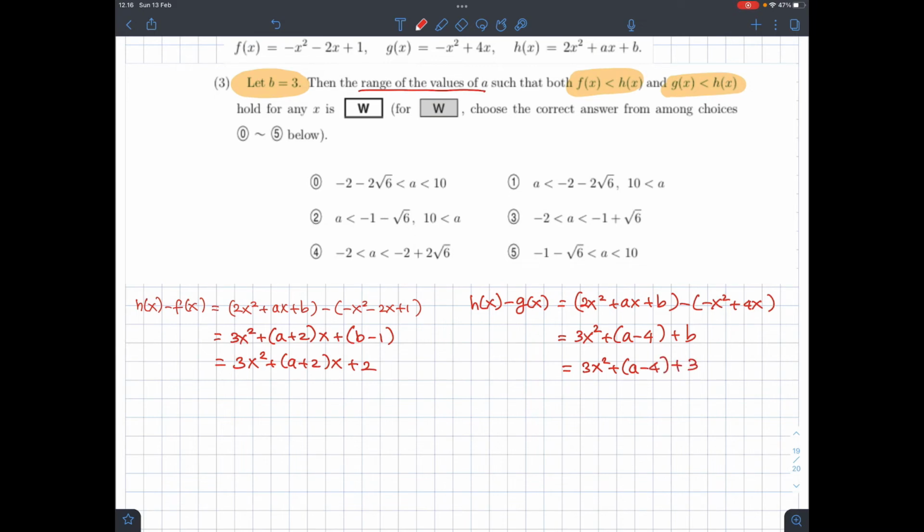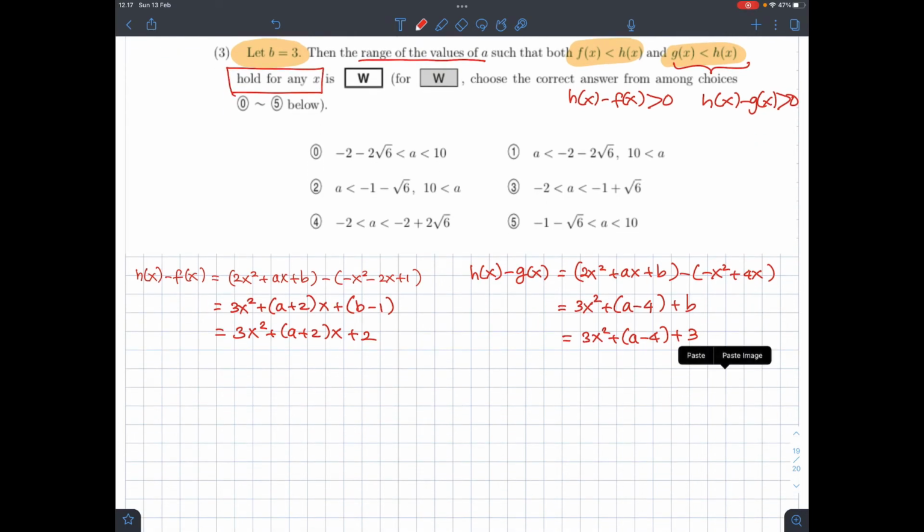In this part they want hx minus fx greater than 0, and hx minus gx greater than 0. And remember, this holds for any x. It means no matter the value of x, you always get this.